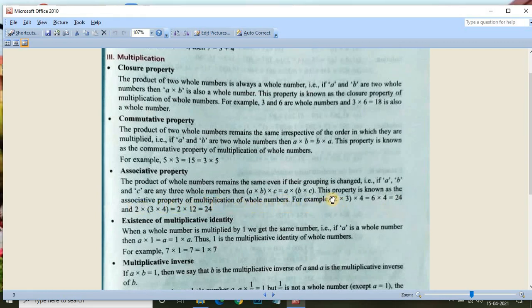For example, (2 into 3) into 4 gives 24, and 2 into (3 into 4) also equals 24. So you will get the same answers.